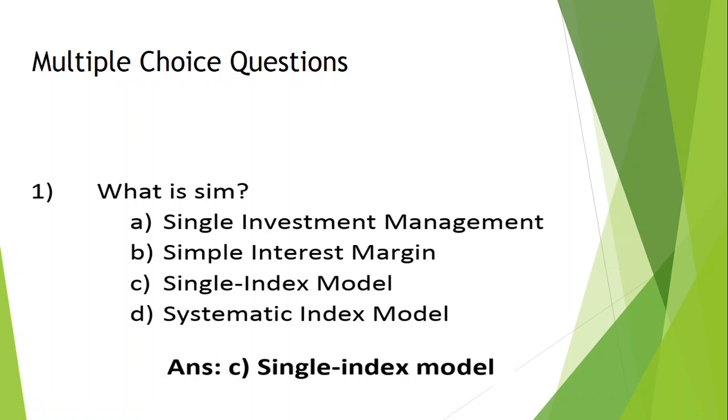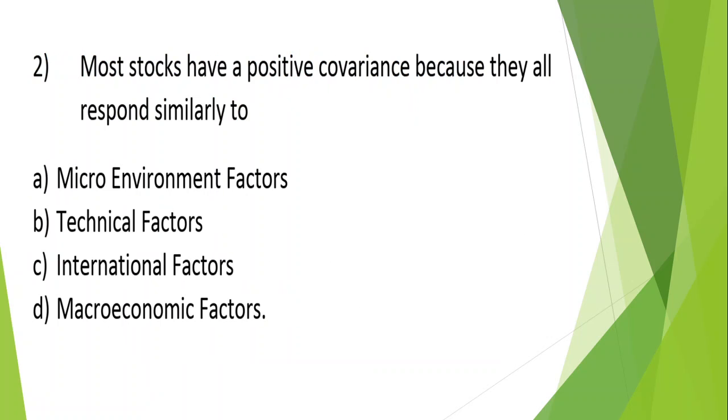Similarly, we have another question. Most stocks have a positive covariance because they all respond similarly to what? We have four options. Option A, microeconomic factors. Option B, technical factors. Option C, international factors. Option D, macroeconomic factors.